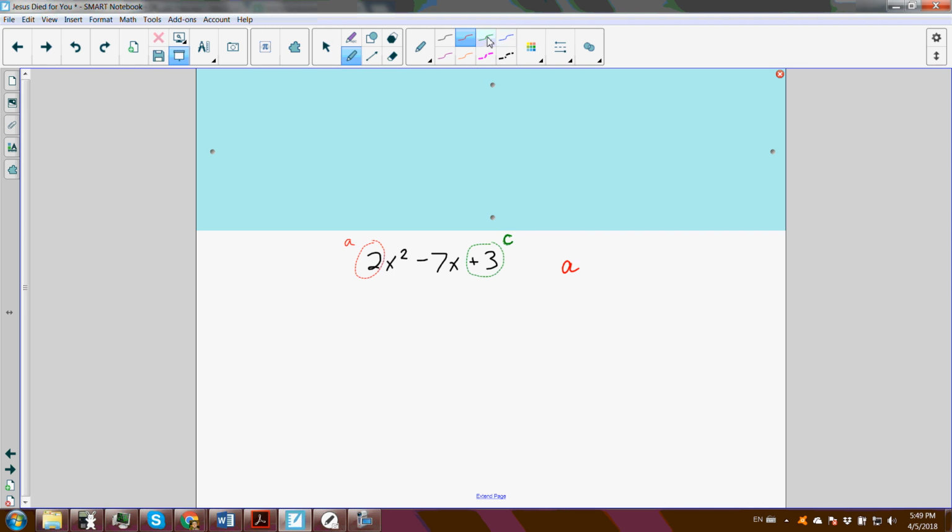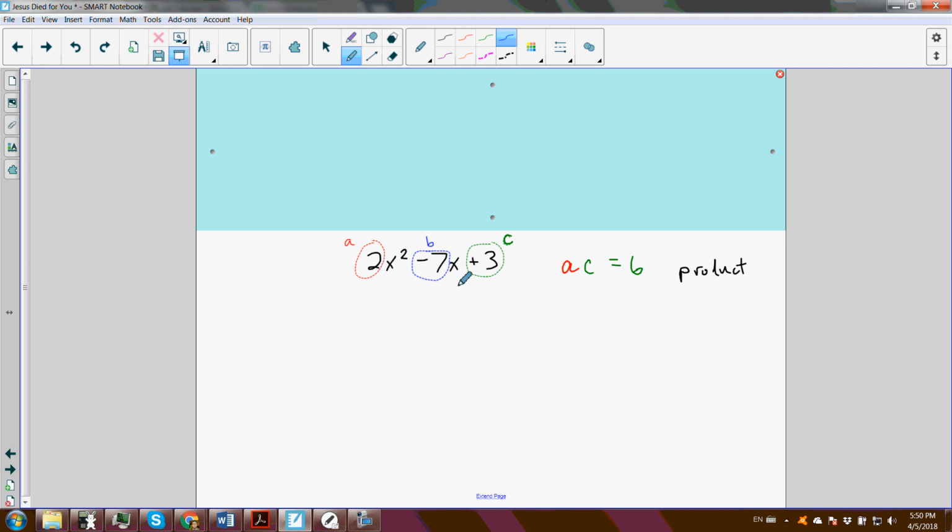A times C equals 6. This is the product. We want to find two numbers that multiply to 6. And the middle number, the B, is still our sum, just like it was before.